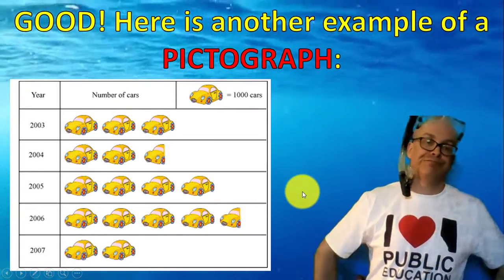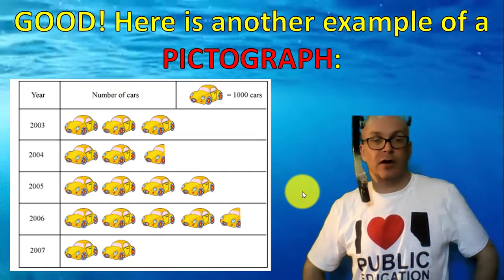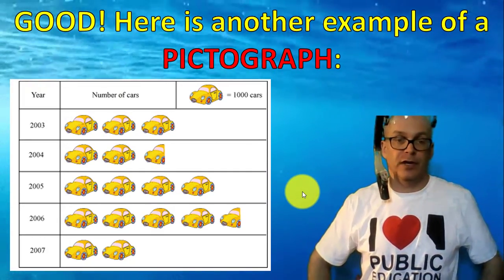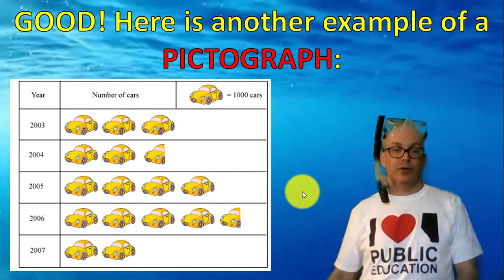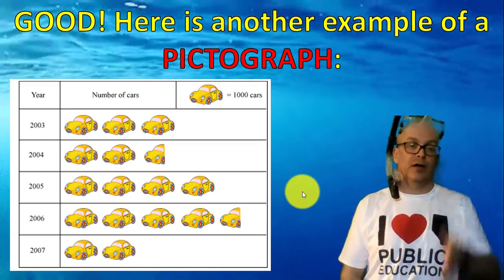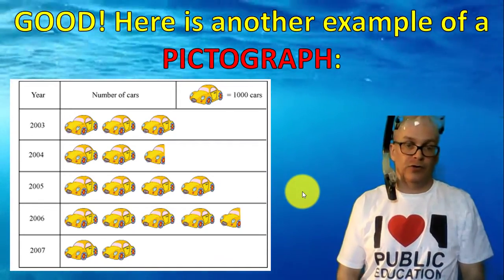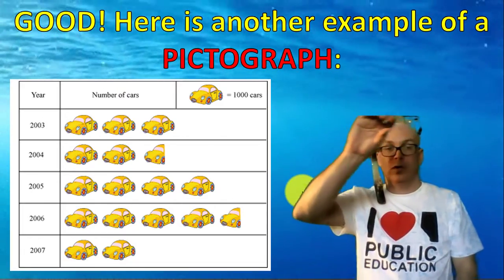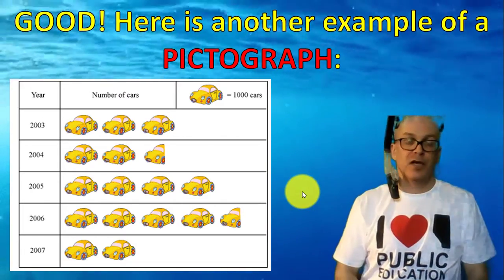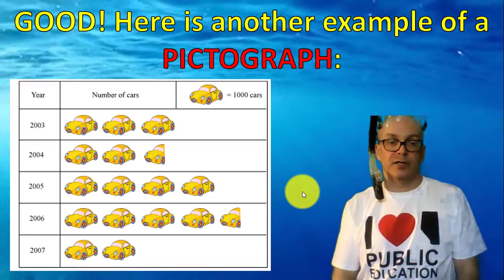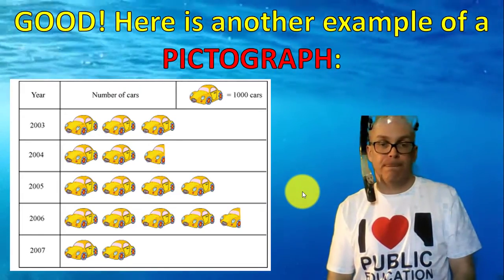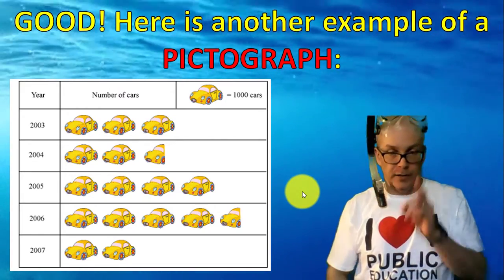Okay, one more. Here's the number of cars sold in a year. So the years are along the y-axis, and the number of cars sold go horizontally. Each one of these little cars, does it mean 1 car? No, look at your legend.